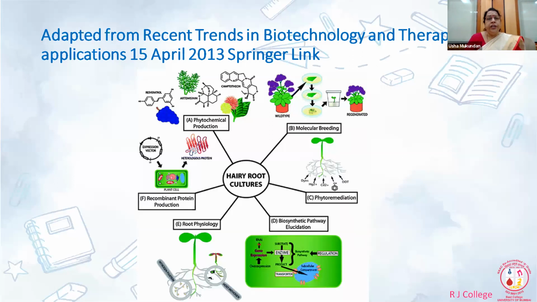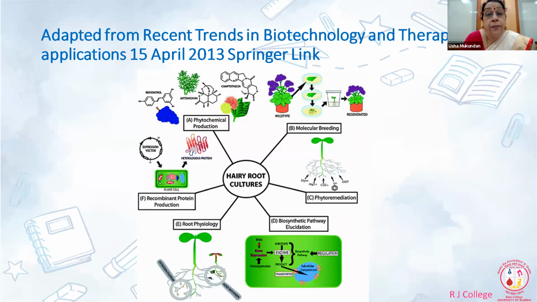Then another important area which has been viewed with a great sense of optimism is phytoremediation. So you can use these root cultures for phytoremediation. Then you can provide the roots with labeled compounds and trace the biochemical pathway. You can use these root cultures for studying uptake of minerals, that means for root physiology.